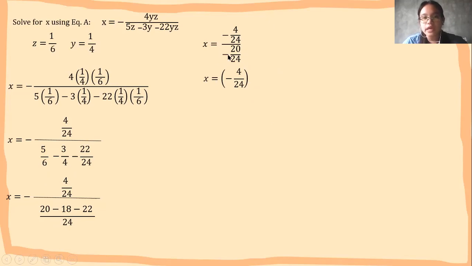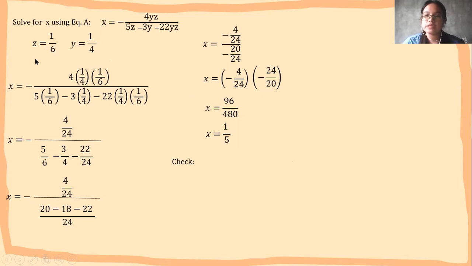So the negative 20 over 24 will become negative 24 over 20. So 4 times 24, we have 96. Then 24 times 20, we have 480. Since they have the same signs, our product will become positive. If we divide both the numerator and denominator by 96, we will get 1/5.